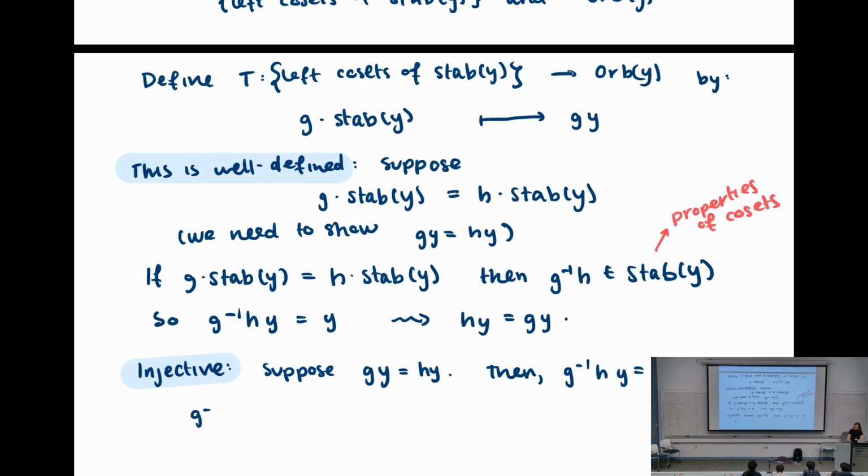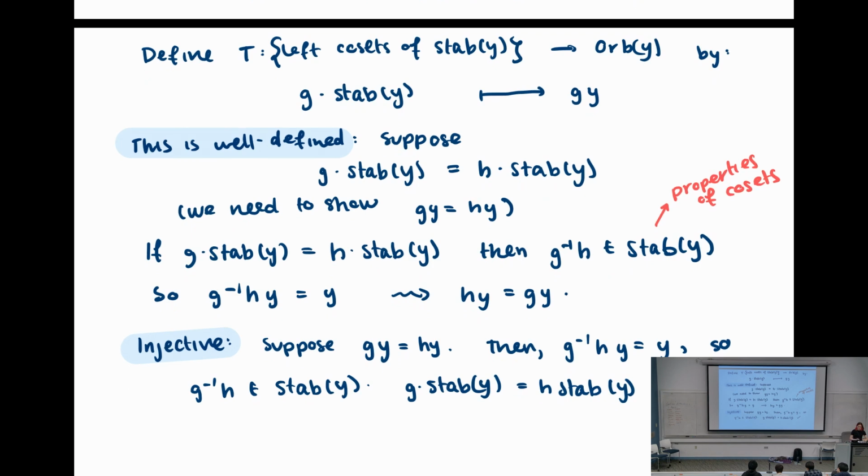So g inverse h is in the stabilizer of y. So again, just reversing the properties of cosets that we just did, that means that g times the stabilizer of y is equal to h times the stabilizer of y. And so that means that the function is injective, because we showed that if the two outputs are equal, then the two inputs had to have been equal.